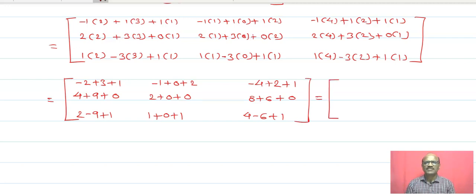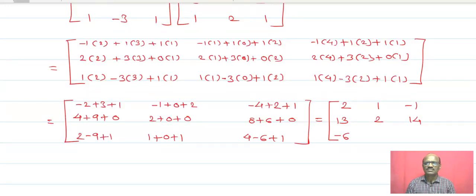Therefore, you will get overall 2, 1 minus 1, 13 to 14, and next is minus 6, 2, just time change that is the number 2 element, minus 6, 3, and last is minus 1.